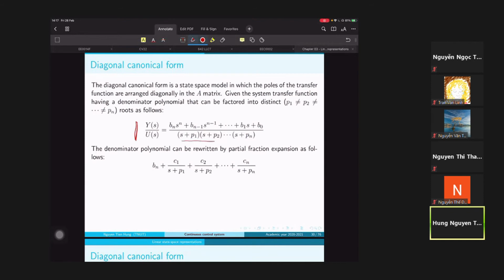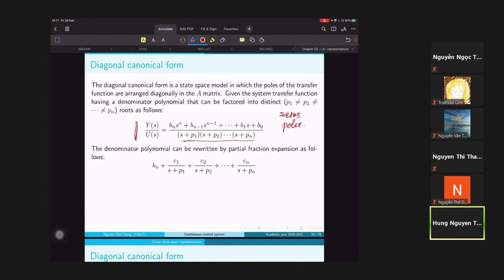I hope you still remember that the solution of the numerator we call zeros, and the solution of the denominator equation, or characteristic equation, we call poles.